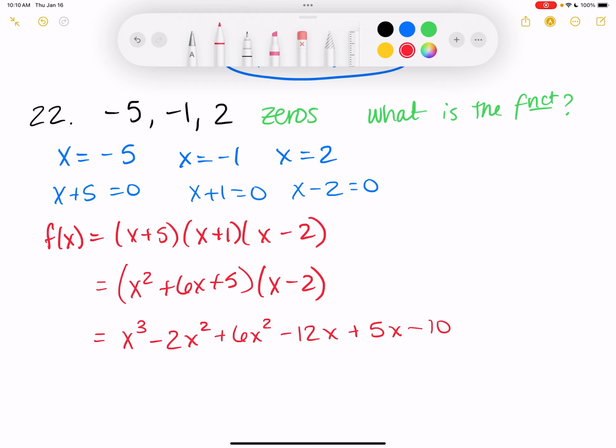Just each piece. It's not that hard. So we do x squared times x, x squared times -2, and then 6x times x, 6x times -2, and keep going. So I've got x cubed plus 4x squared minus 7x minus 10.